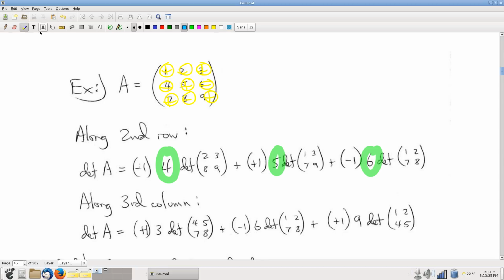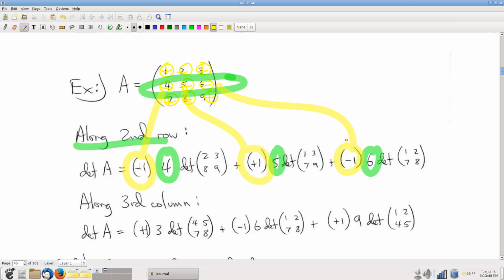And going across the second row, you can see we have minus, plus, minus. Okay.